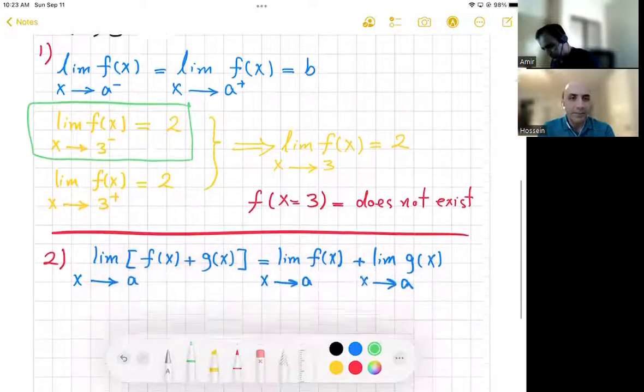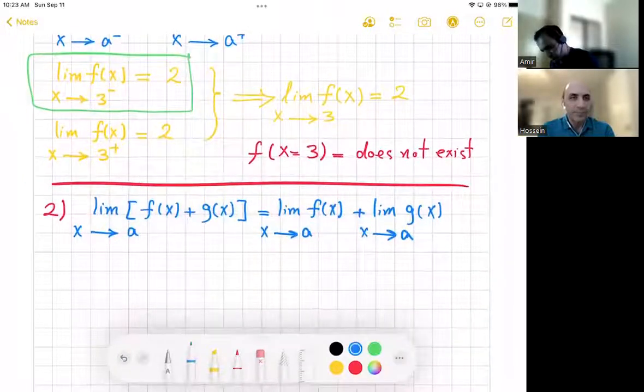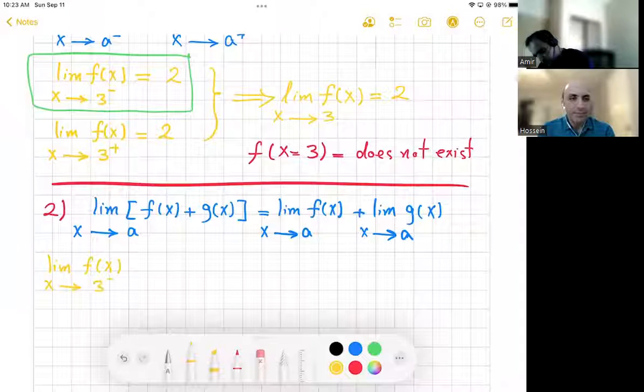Let me just write that. The limit of f of x when x approaches 3 from the left side is going to be 2, as we obtained above.